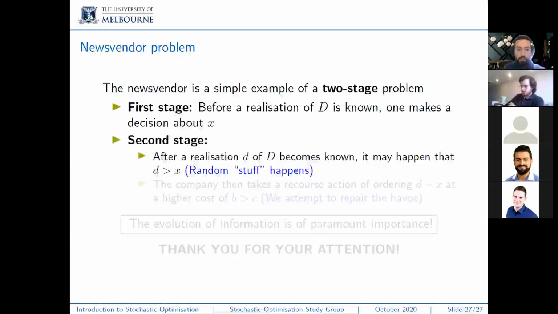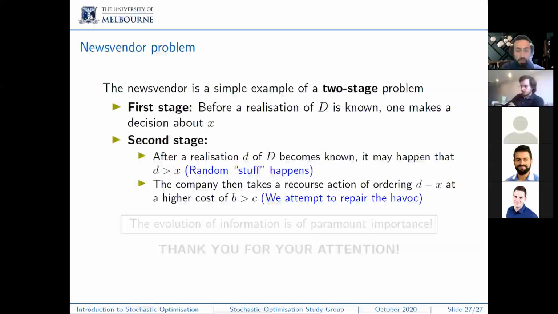Then at the second stage, you observe the demand, and this is the random stuff that nature will give you. And for the sake of an example, let's suppose that the demand is actually greater than what you bought. So in the second stage, you need to make a decision and take a recourse action of ordering the extra newspapers at a higher cost in an attempt to repair the havoc.